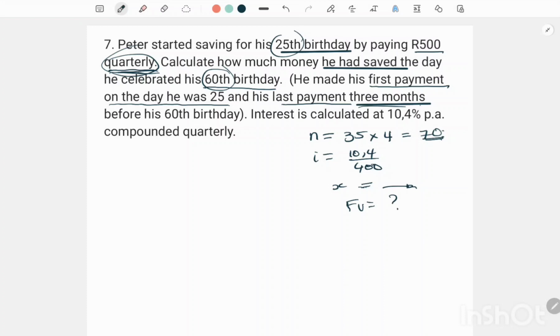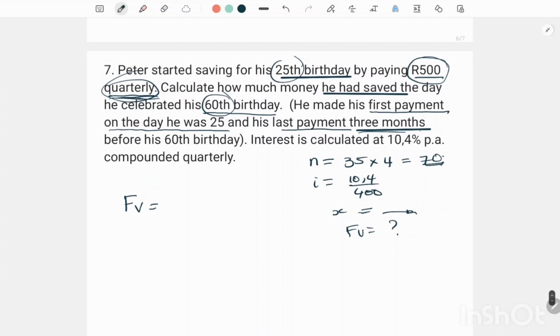So guys, this case is very different, because now this person is saving and it's compound interest. So I'm going to use this equation.